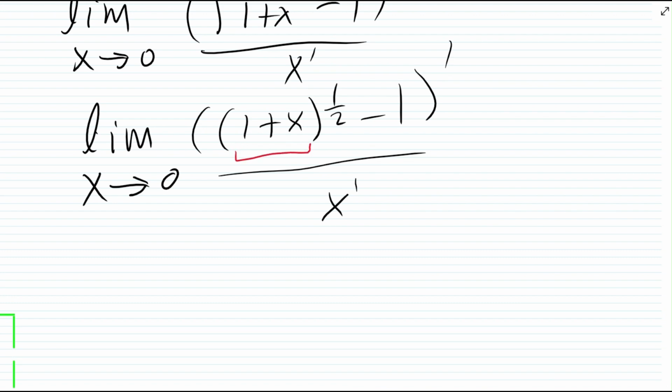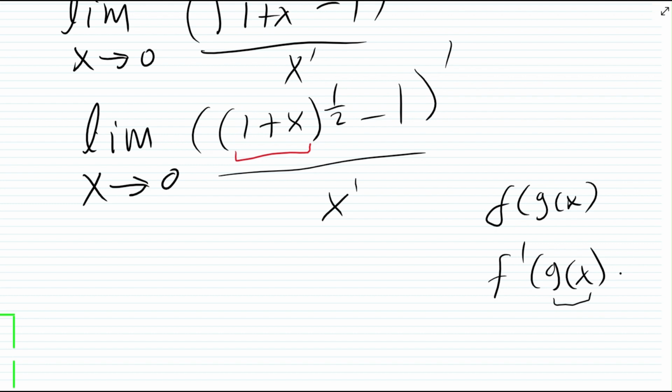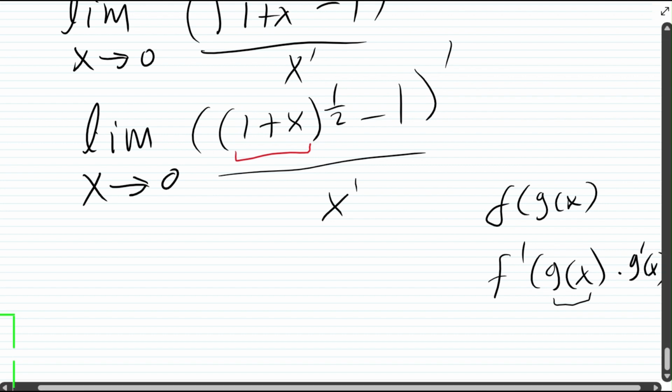So by looking at this problem, we know that this is a composite function, and if we have a function, let's say f of g of x, this is going to be differentiated as f prime of g of x, leaving g of x the same, times the derivative of g of x, which is g prime of x, right?